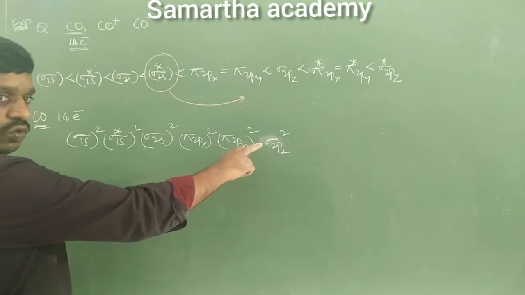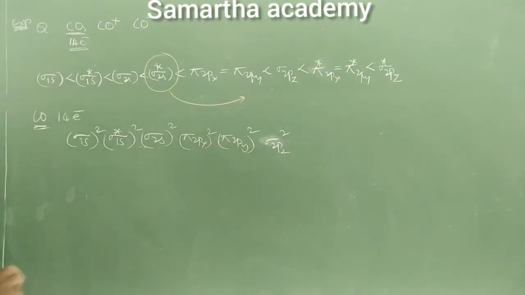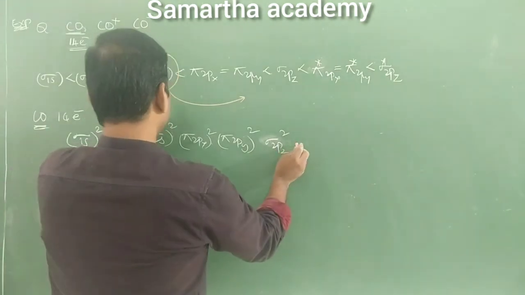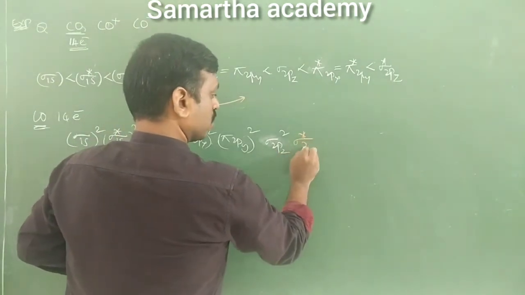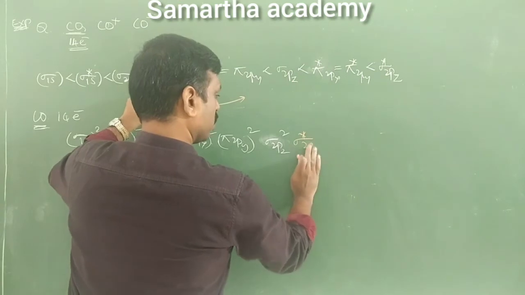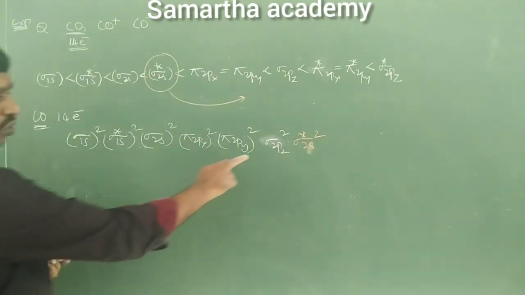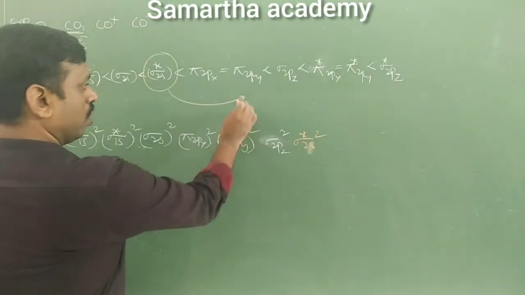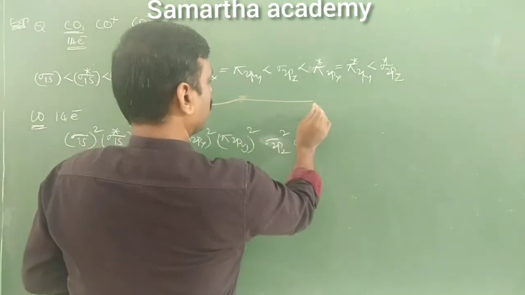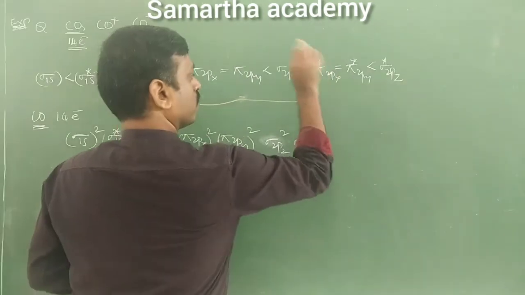Now it becomes 12, no? How many electrons are left now? Only 2 electrons. Those 2 electrons are present in where? Sigma star 2s 2. It means, where should you write this sigma star 2s 2? After here, no?